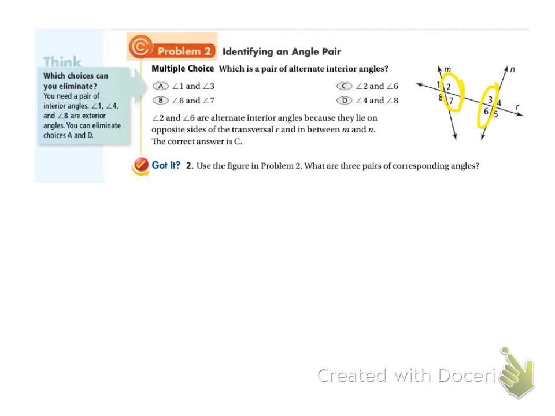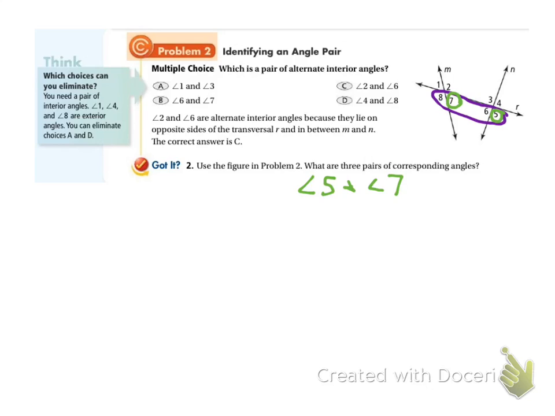Alrighty, and then they want us to use this picture again. What are 3 pairs of corresponding angles? So remember, corresponding angles are on the same side of the transversal and are in the same spot. So if I look at this side of the transversal, 5 is to the right of the line and 7 is to the right of the line. So angle 5 and angle 7.